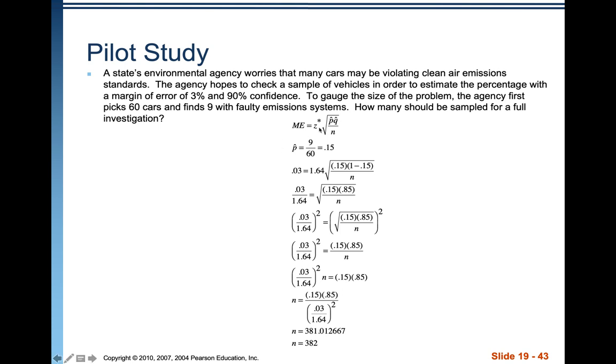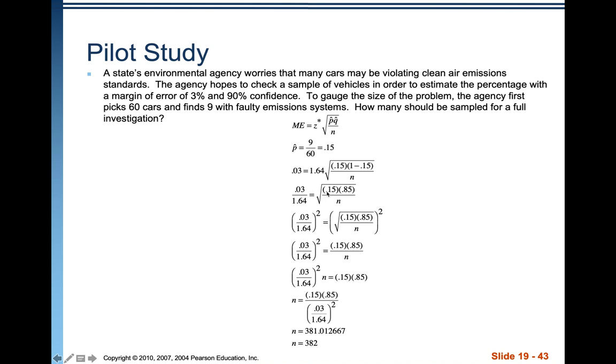They want a 3% margin of error, so we're going to have 0.03. They want 90% confidence, so the critical value for 90% is 1.64. And we're going to do the square root of our best estimate so far, the 0.15, and then we'll find q hat, which is 0.85, over n, which is what we're looking for.